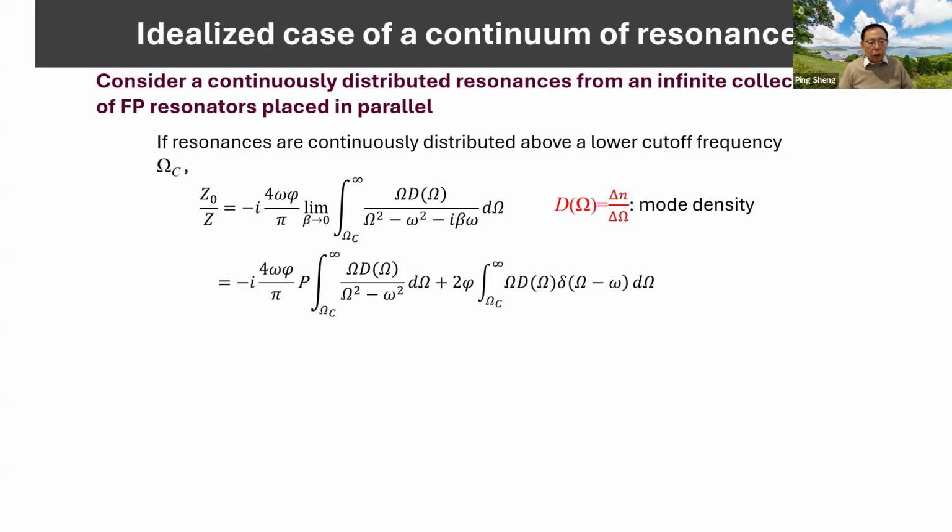And here we can readily write down Z, the total impedance of such a collection.